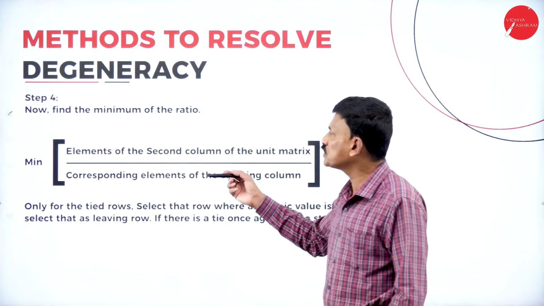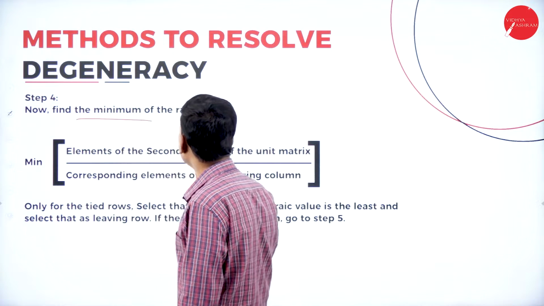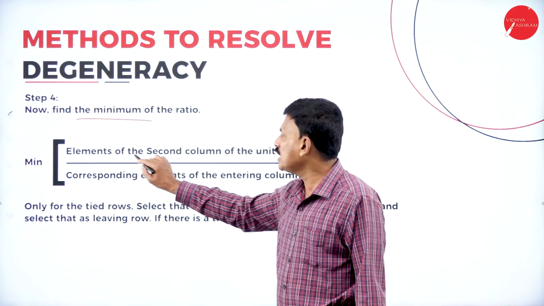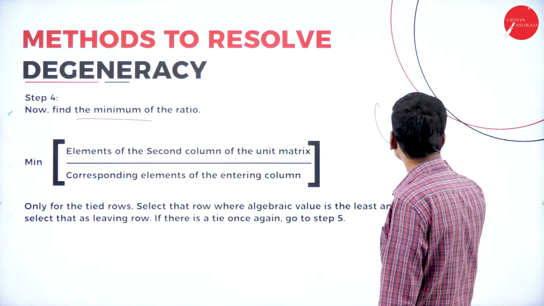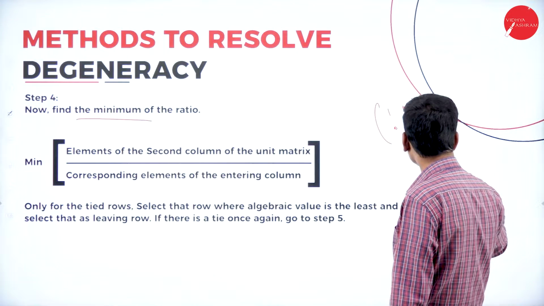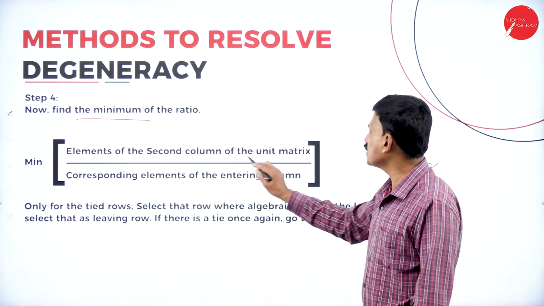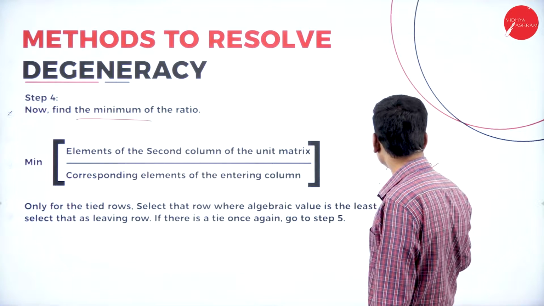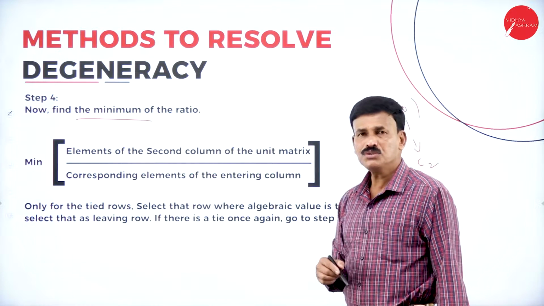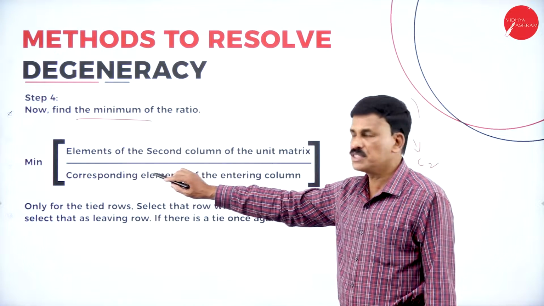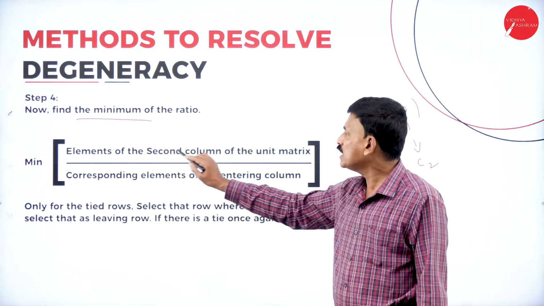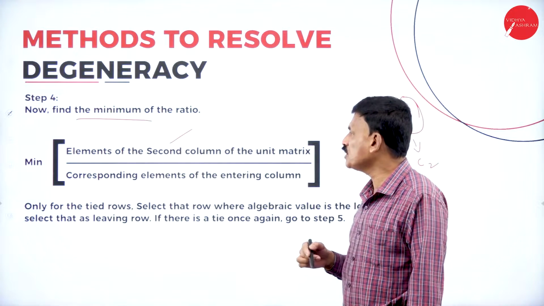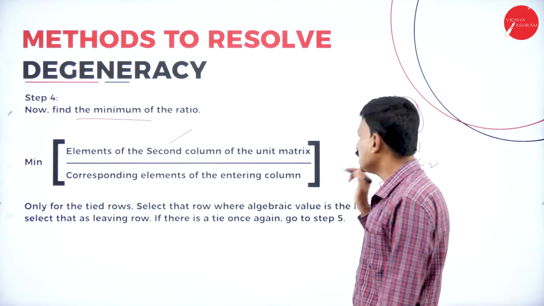In the next step, we follow the same procedure: find the minimum of the ratio. For this stage there is a small change. We consider the elements of the second column of the unit matrix divided by the corresponding elements of the entering column.